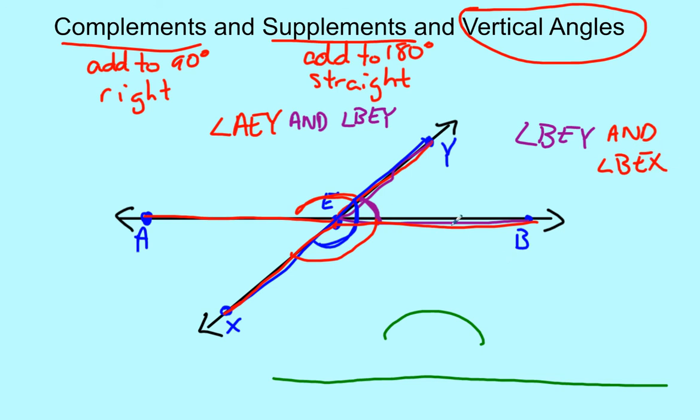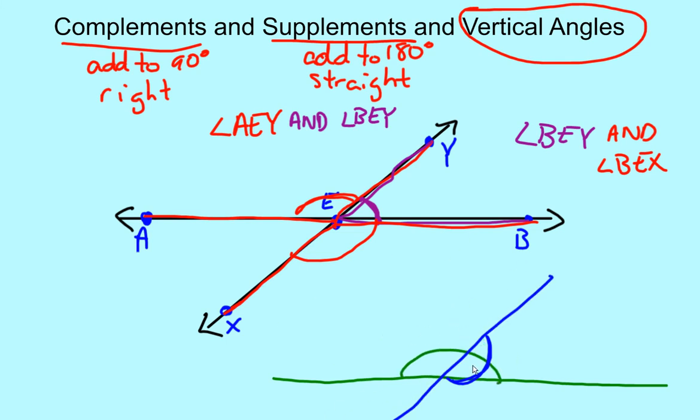Okay. And now, hopefully, through my clever color coordination here, get rid of this blue line too, you're able to draw some conclusions here. Like if this angle, BEY, is supplementary to this angle and this angle, right?